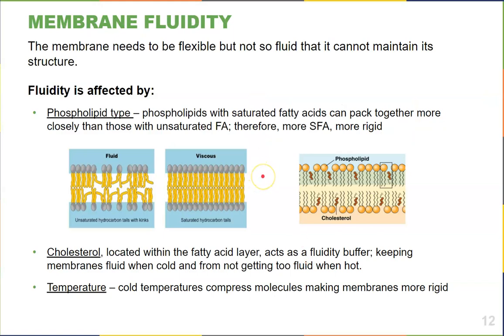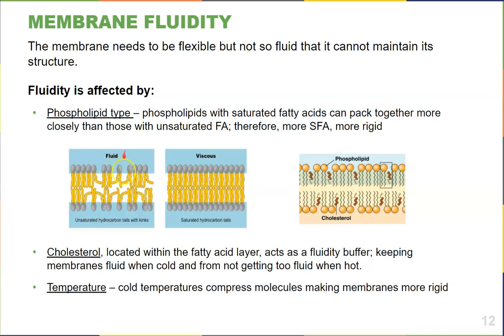So let's talk about membrane fluidity. We talked about the mosaic with the proteins, the lipids, the carbohydrates. The fluidity portion of the fluid mosaic model is affected mostly by the phospholipid type.